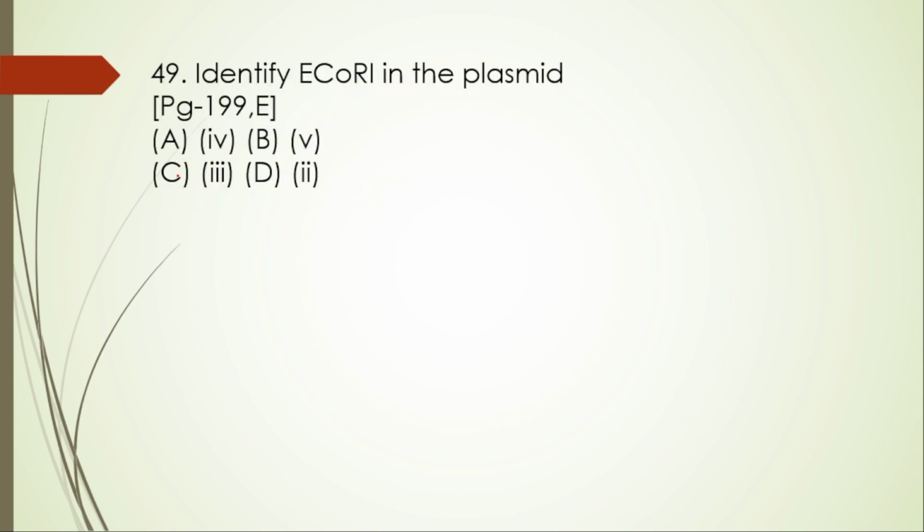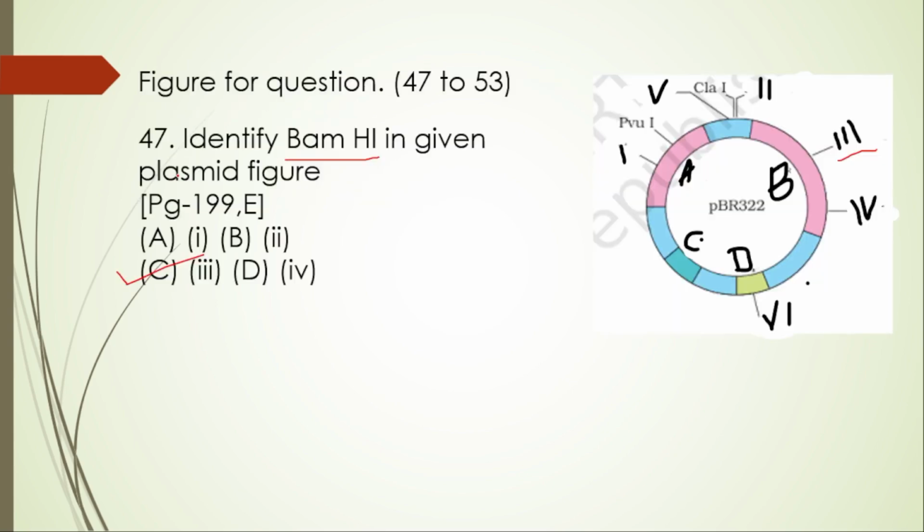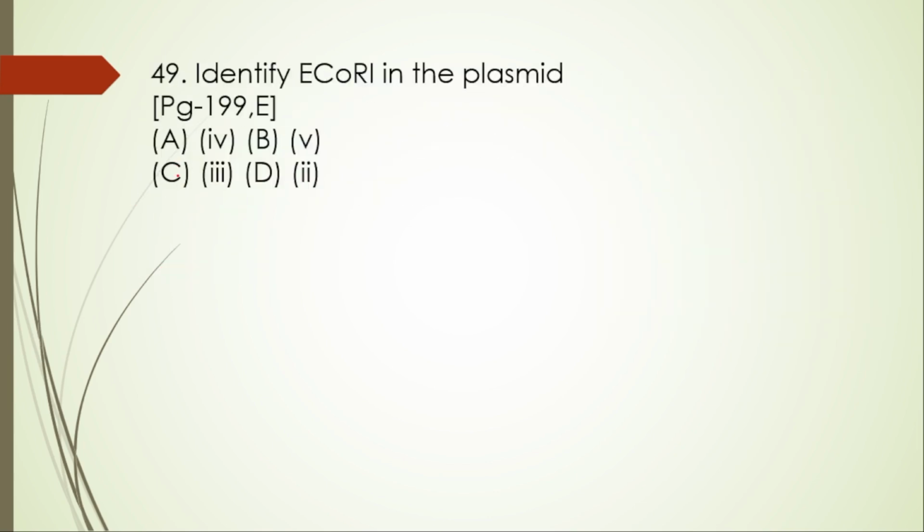Next one, identify EcoRI in the plasmid. I said about that. EcoRI, where is it? Second one, isn't it? Second one is EcoRI. So the right option is D.